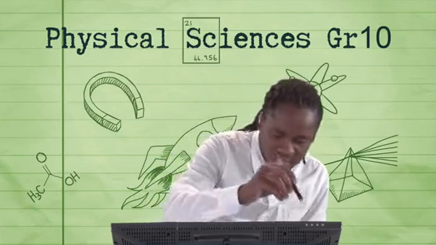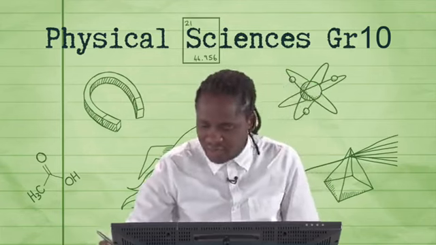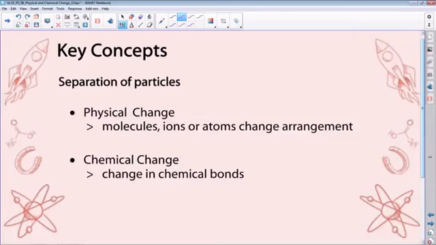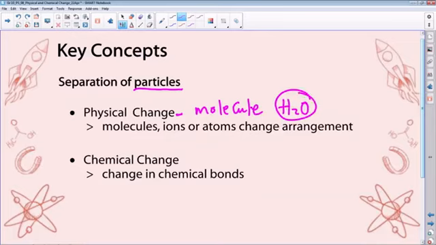The first key concept is the separation of particles. As far as physical change is concerned, the particles we're talking about could be molecules, let's say molecules of water, intact as they are, composed of two atoms of hydrogen and an atom of oxygen chemically joined together.